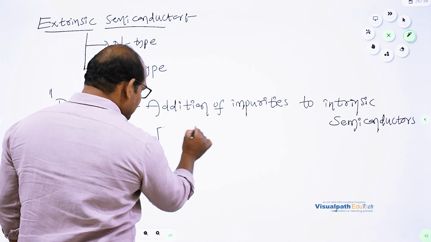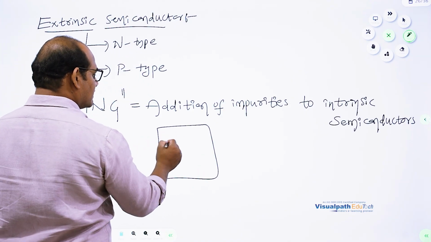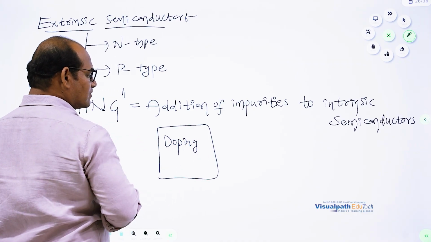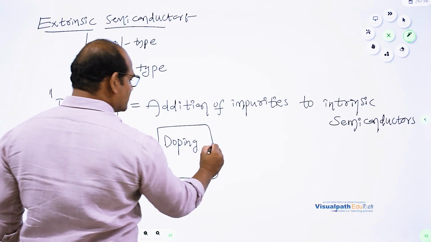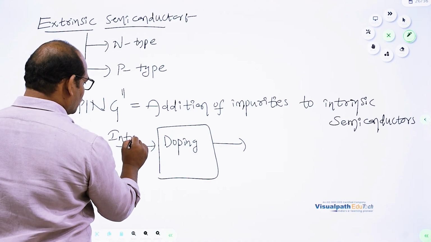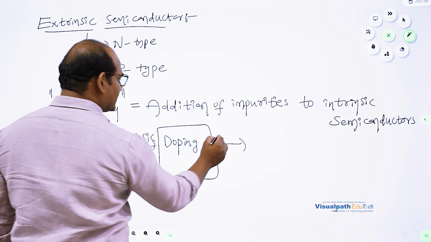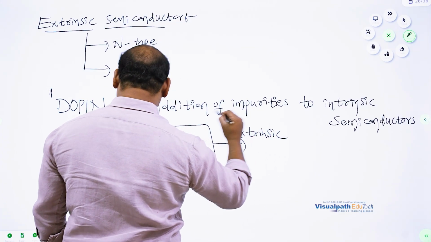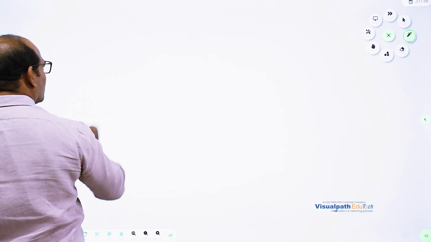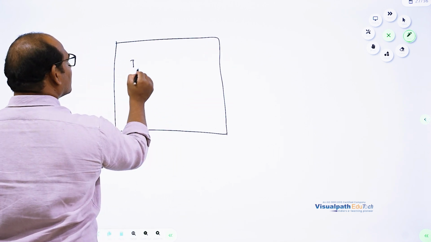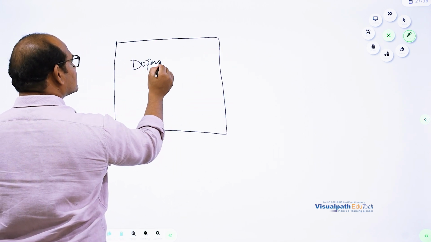For example, there is a device which can perform the doping process. That means for the intrinsic semiconductors, if you apply doping, you will get extrinsic semiconductors. But doping involves addition of impurities.